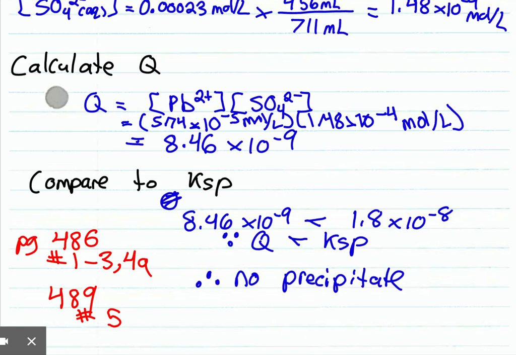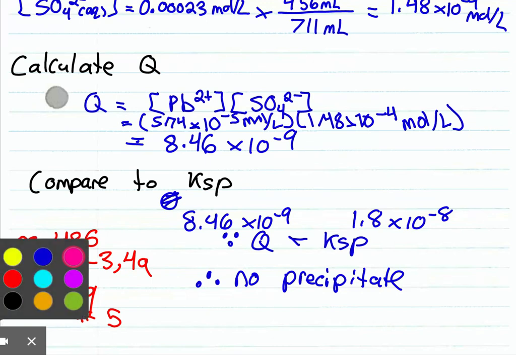Our KSP is 1.8 times 10 to the negative 8. So I like to write the numbers side by side, and then I like to put in the sign here. So 8.46 times 10 to the negative 9 is actually less than 1.8 times 10 to the negative 8.